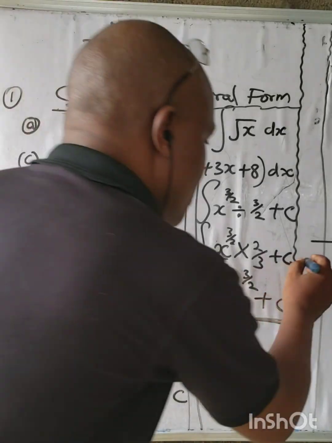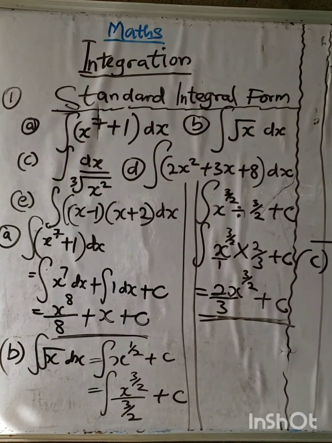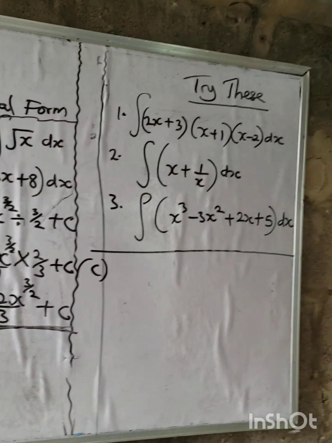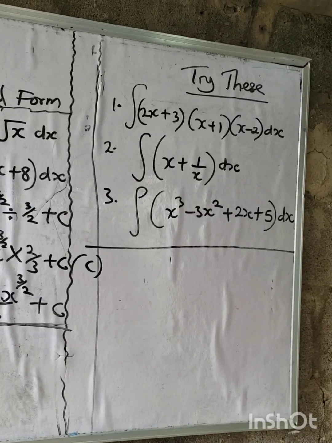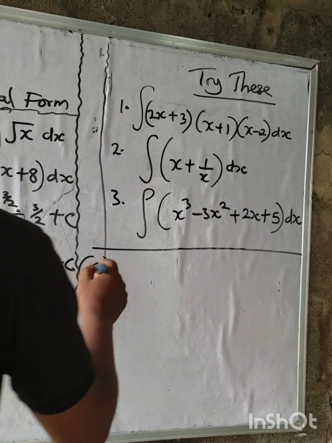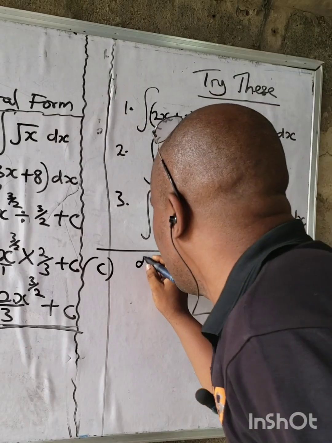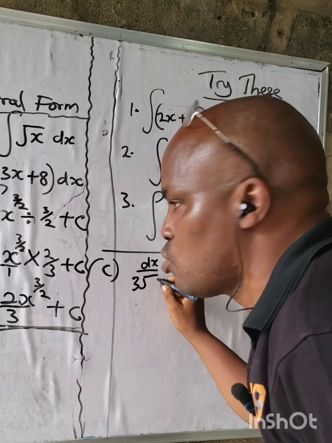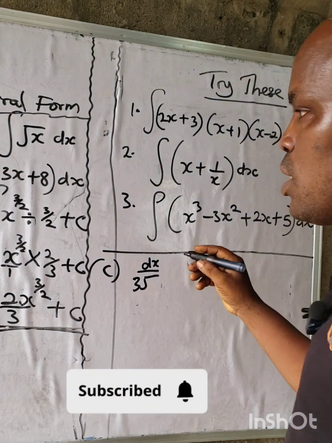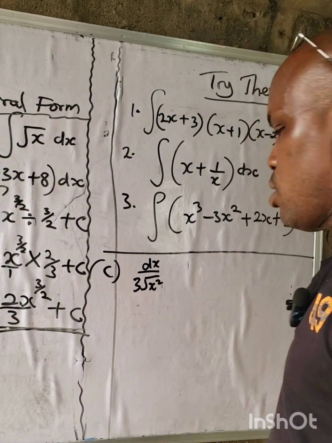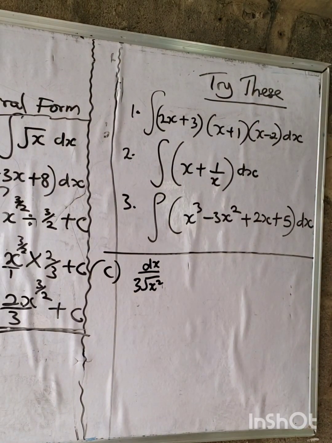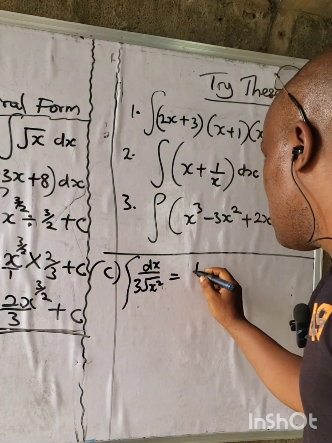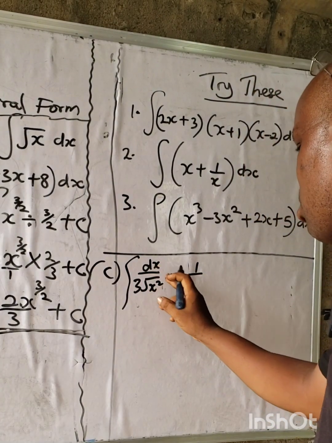C, let us try C here. The question is the integral of s all over root 3 root s square. This means 1 all over 3 root s square.